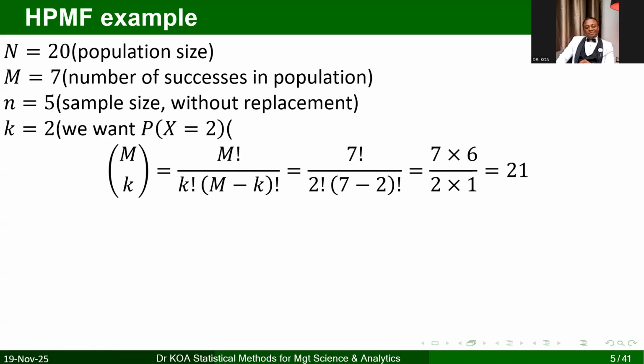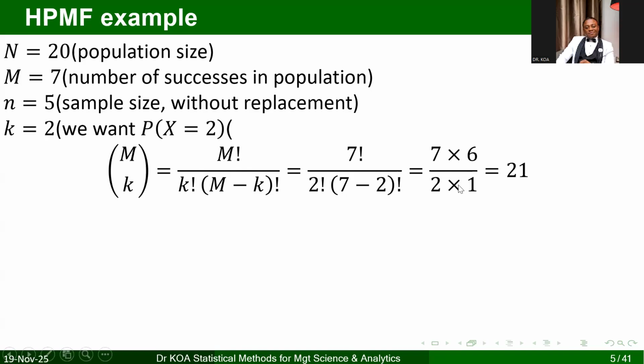The 5 factorial from the numerator. That's the key point: the 5 factorial cancels. You are left with 2 factorial in the denominator, and the rest of the numerator is 7 and 6, which gives you 21.